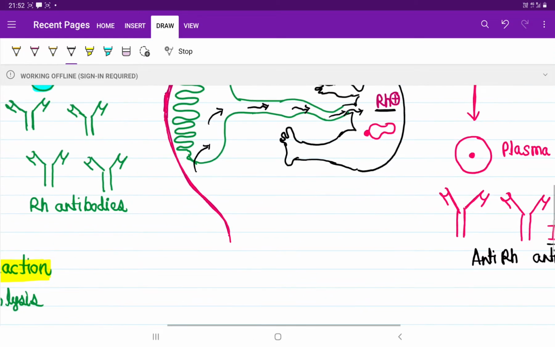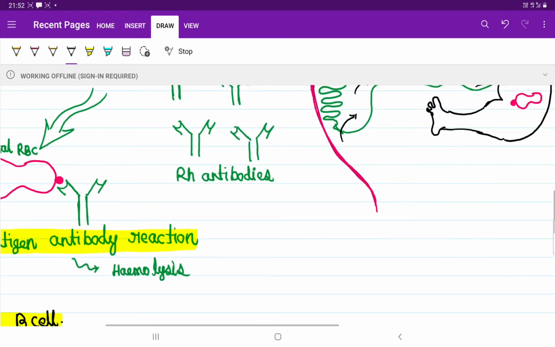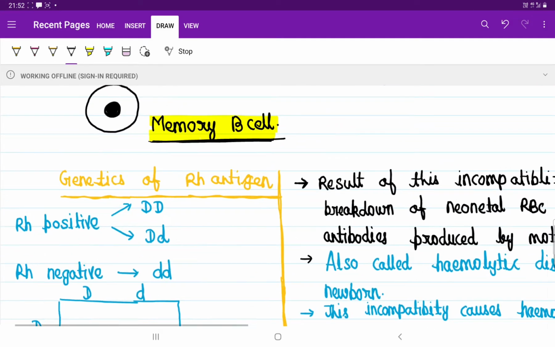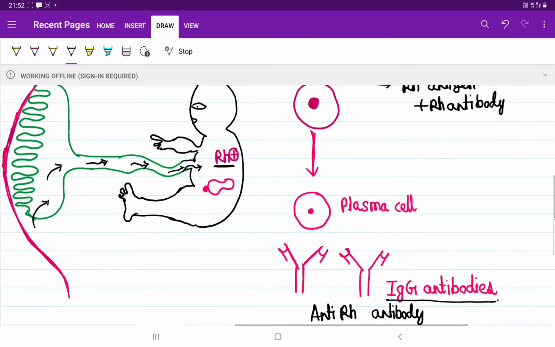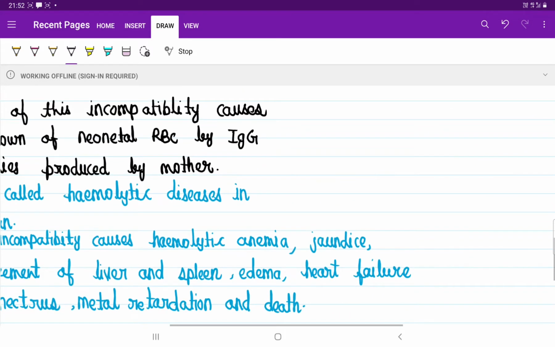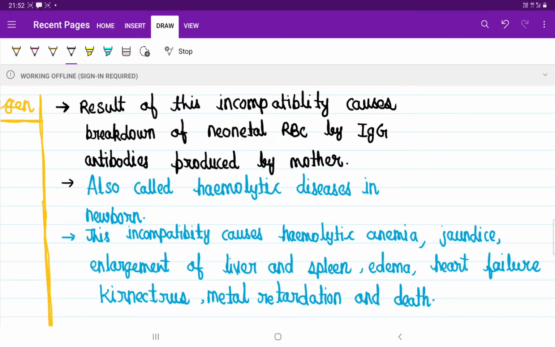Due to entry of a lot of immunoglobulin G and Rh antibody into the fetal blood, there will be mass destruction of red blood cells, hemolysis, and it causes hemolytic anemia, right? Red blood cell number decreased, and the oxygen carrying capacity of the fetus decreased, right?